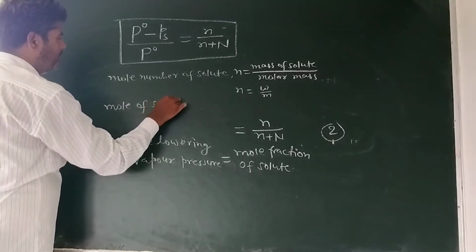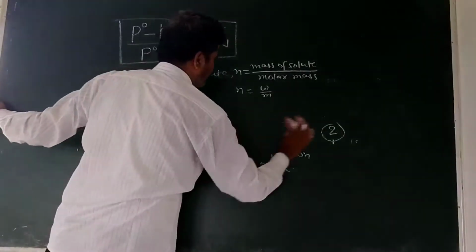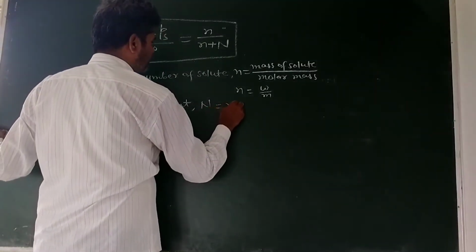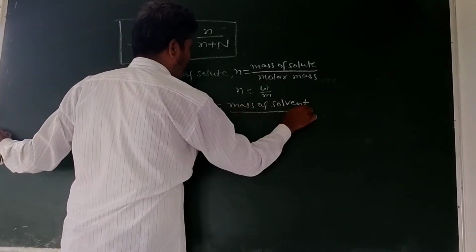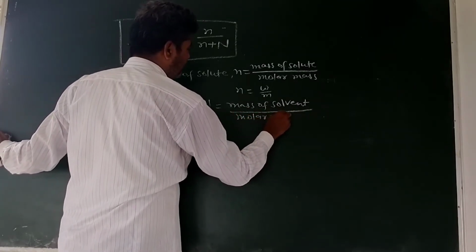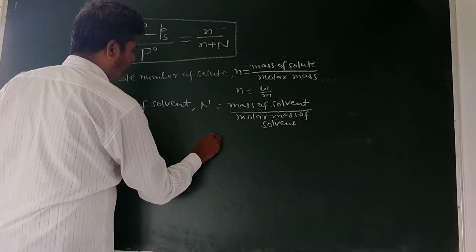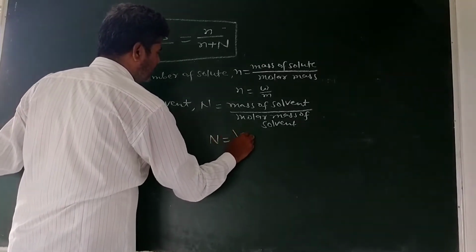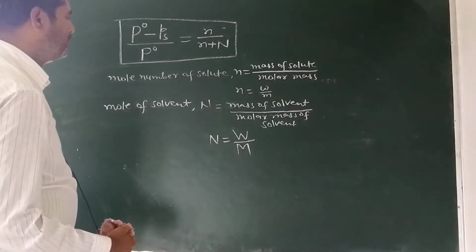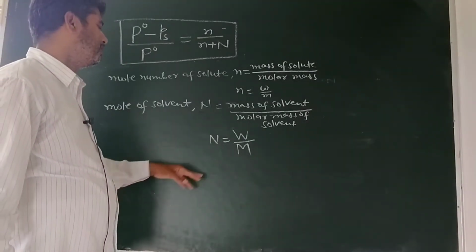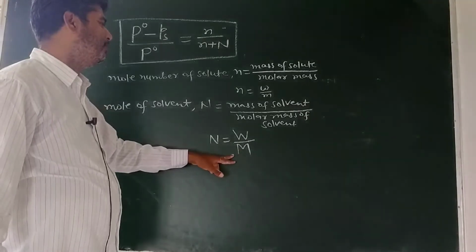Mole of solvent, that is capital N, is equal to mass of solvent upon molar mass of solvent, that is capital N is equal to capital W upon capital A. The symbol of molarity is also capital M, but here capital M is denoted for the molar mass of solvent. It is not denoted by the molarity. You have to remember this.